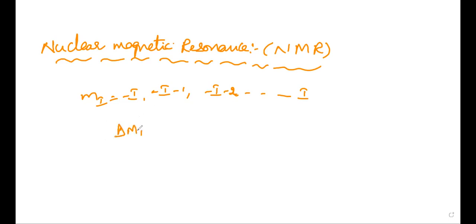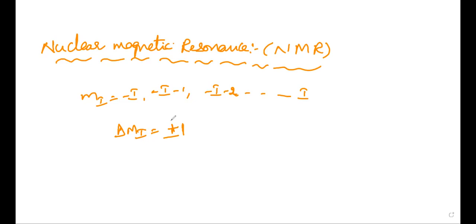Then the selection rule, that is delta Mi is equal to plus or minus 1. The selection rule for this magnetic spin quantum number is delta Mi is equal to plus or minus 1.